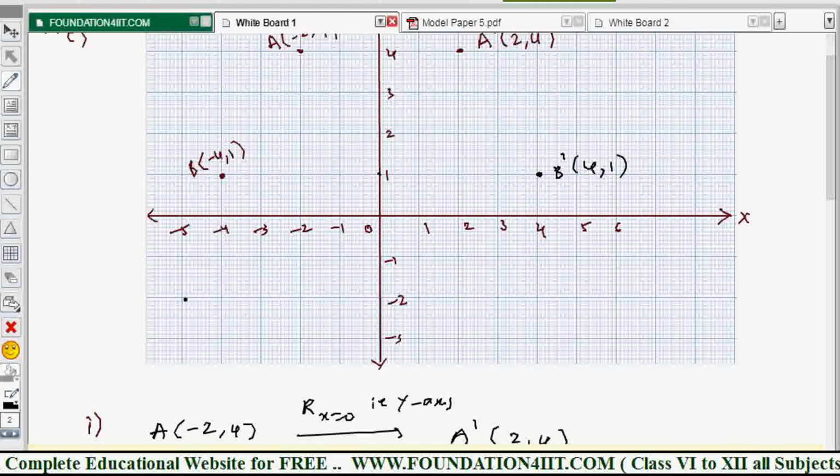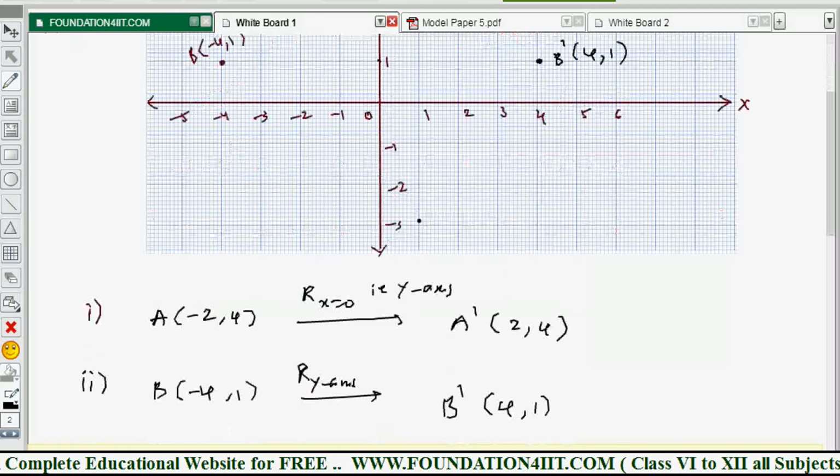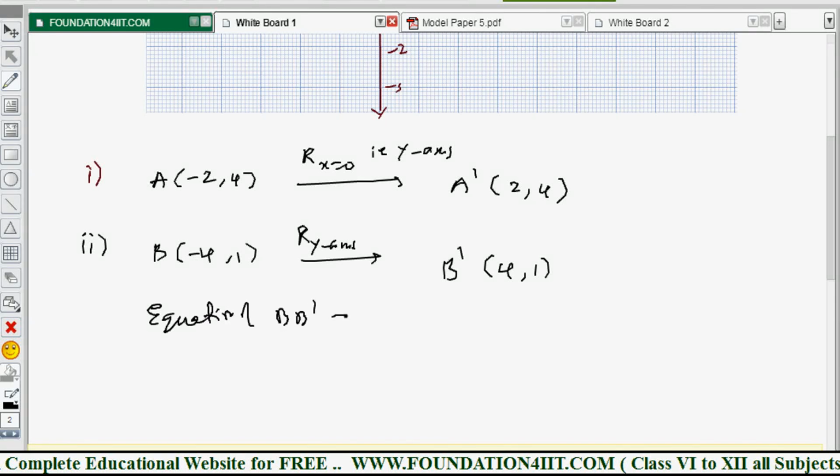So BB dash is a line parallel to the x-axis at a distance of 1 unit in the positive direction. Then the equation of BB dash is y equals 1.